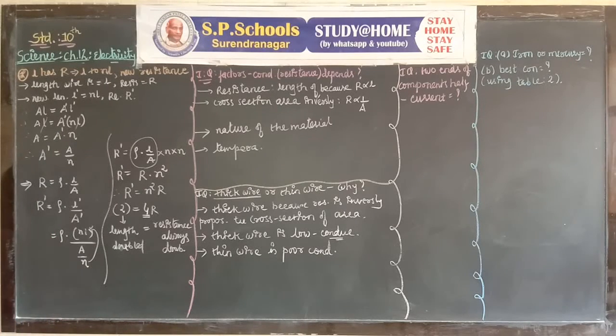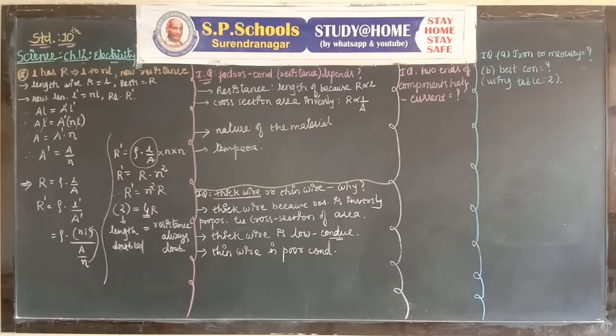Let's go through another question. The question says: let the resistance of an electric component remain constant while the potential difference across the 2 ends of the component decreases to half of its former value.